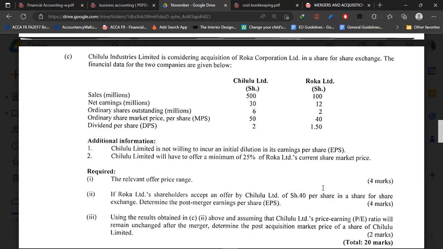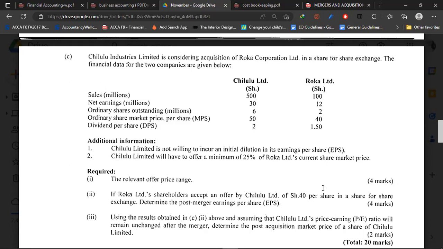Two, Chilulu Limited will have to offer a minimum of 25% of Roca Limited's current share market price. Required: the relevant offer price range. Number two, if Roca Limited's shareholders accept an offer by Chilulu Limited of shillings 40 per share in a share for share exchange, determine the post-merger earnings per share.